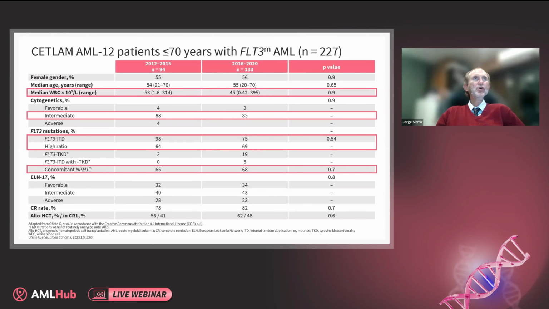Here we have our own series with more than 200 patients in 2 consecutive periods, and you see that the median white blood cell count is high, around 45 to 53,000 leukocytes, that patients mostly belong to the intermediate cytogenetic groups, and that FLT3-ITD is much more common than TKD.